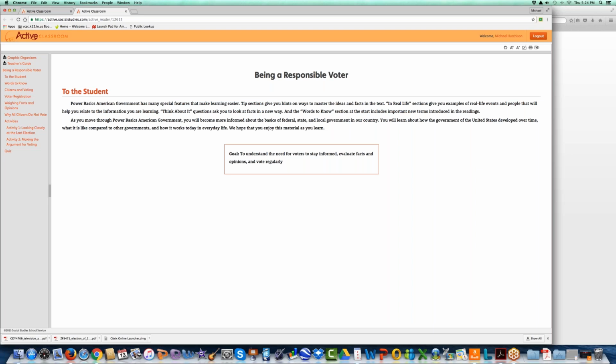And so there are some things here that I can show you directly online. There are going to be some things that you may have to download as the teacher as far as PDF files. But I think this is really good for a basic framework foundation for what does it take to be a responsible voter.